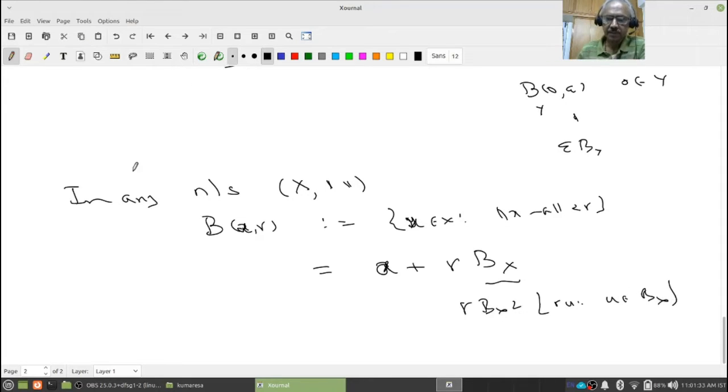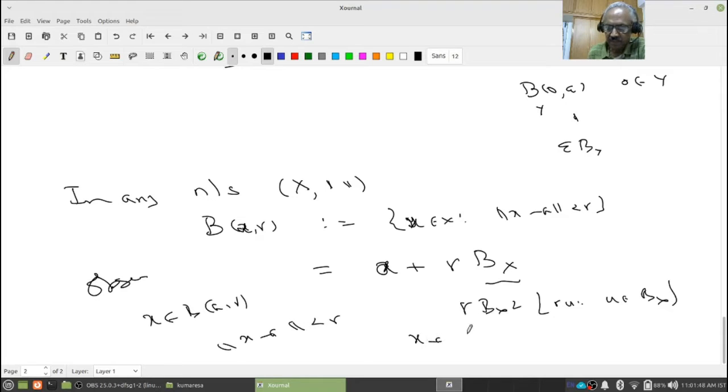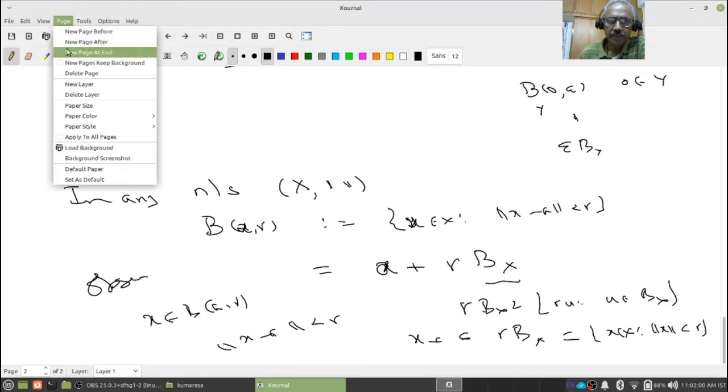Okay, this is the basic observation, very trivial to prove, because if x belongs to that, then norm of x minus a is less than r. That means x minus a belongs to r times B_X, right? R times B_X is the set of all x in X so that norm of x is less than r, right?